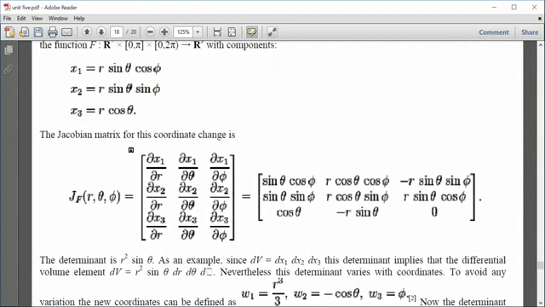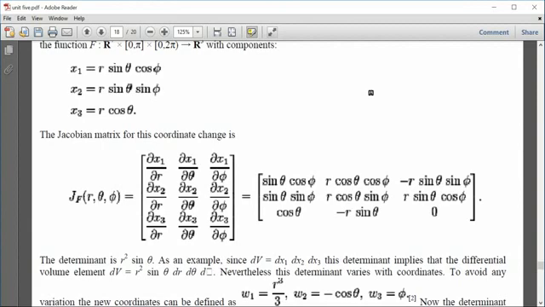When getting it, for the first column, we are going to find the partial derivatives of x1, x2, and x3 with respect to r. Then for the second column, we are going to find the partial derivatives of x1, x2, and x3 with respect to theta. Then for the last column, we shall find the partial derivatives with respect to phi.